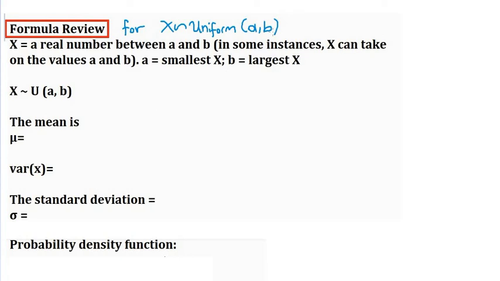So the mean of a uniform random variable is a plus b over 2. And the variance we have derived is b minus a, the quantity squared, over 12. And the standard deviation is the square root of the variance. So it would be the square root of b minus a, the quantity squared, divided by 12.